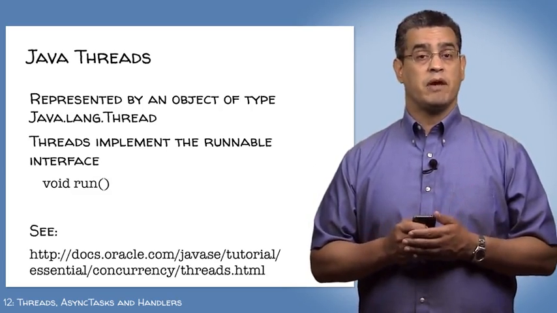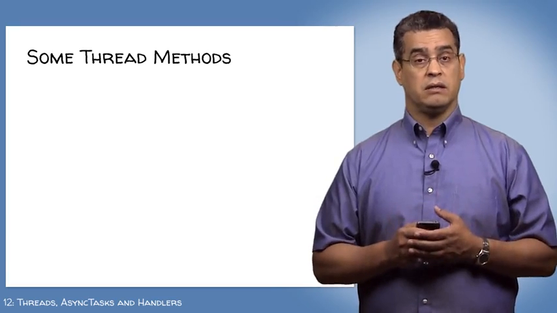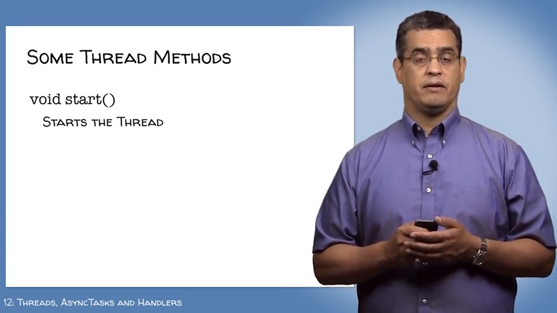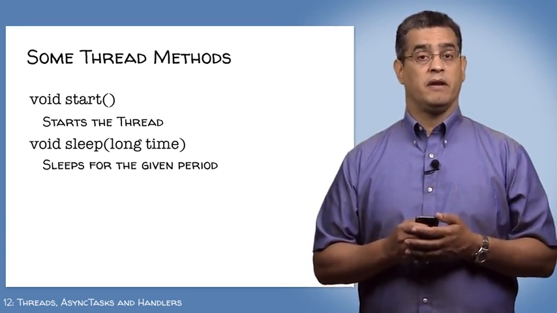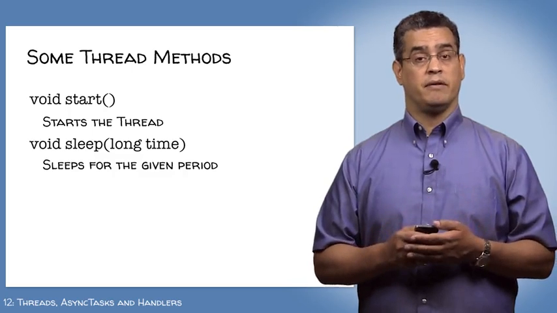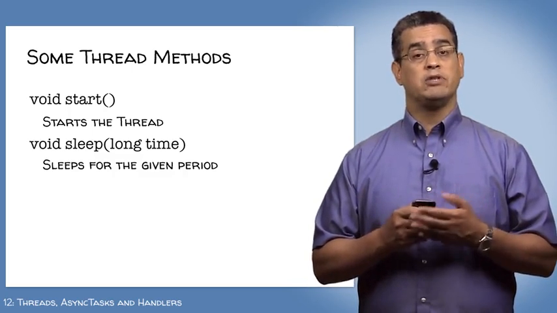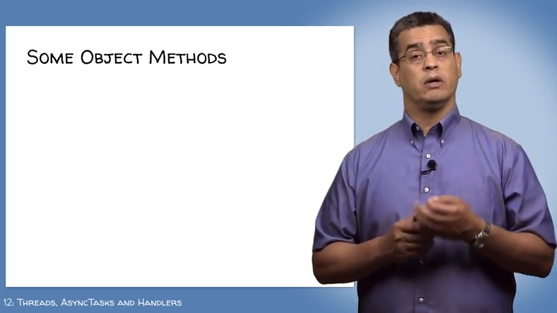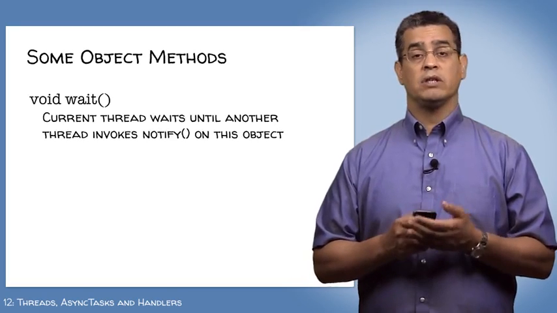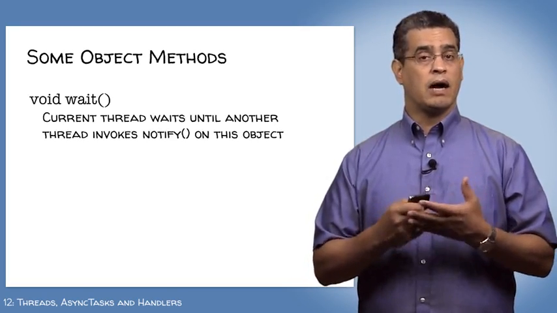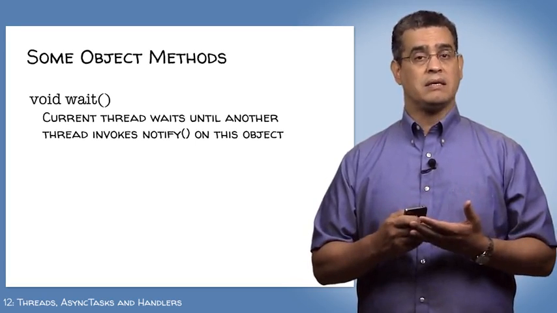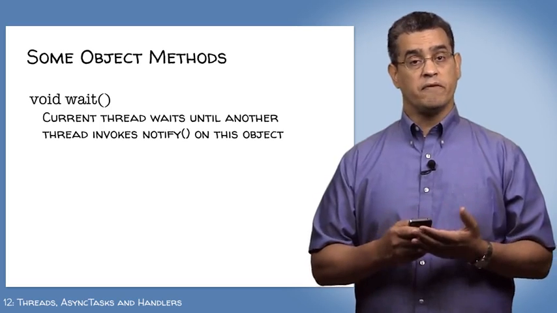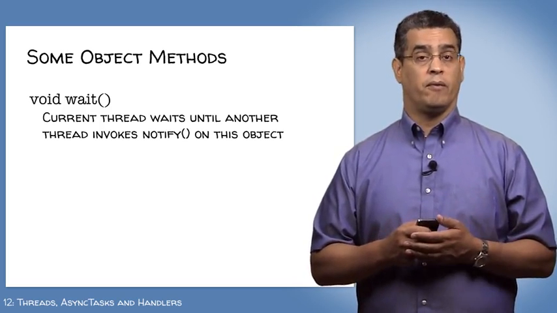Some of the Thread methods that we'll see in this lesson include the start method for starting a thread and the sleep method for temporarily suspending a thread. Some Object methods that you may need when you're using threads include the wait method, which allows the current thread to give up a lock that it holds and to wait until another thread invokes a corresponding method such as notify or notifyAll.